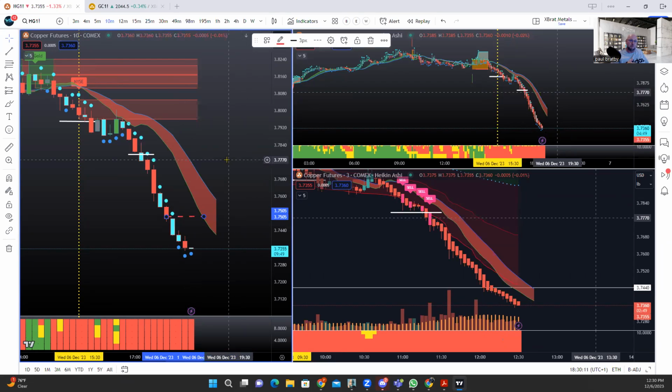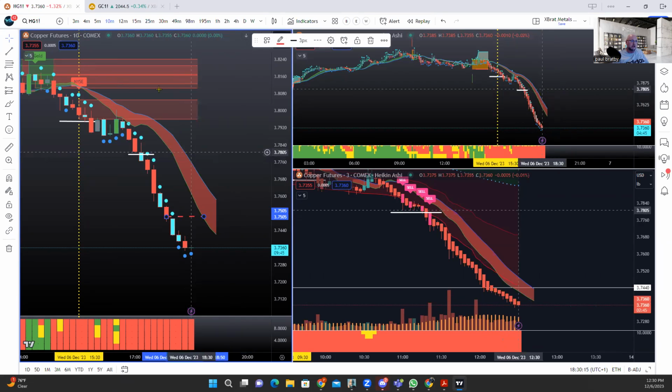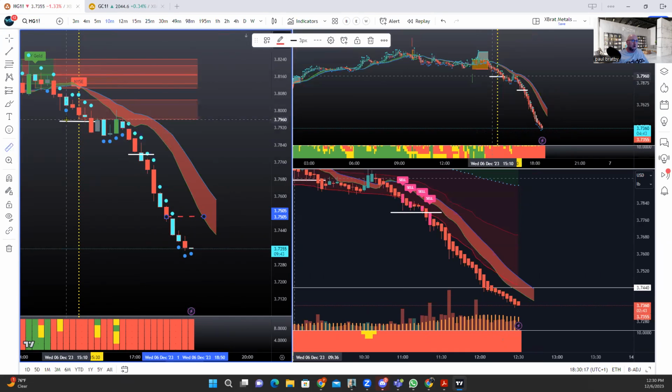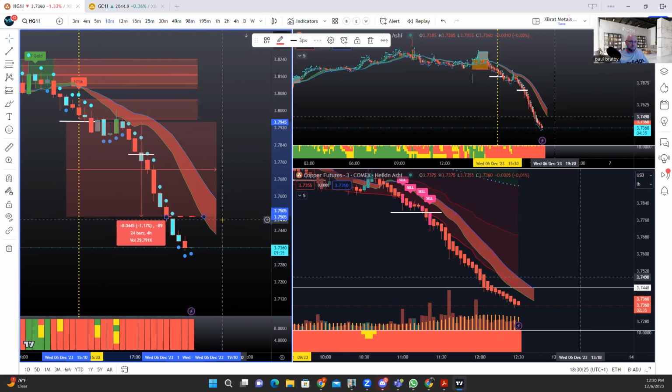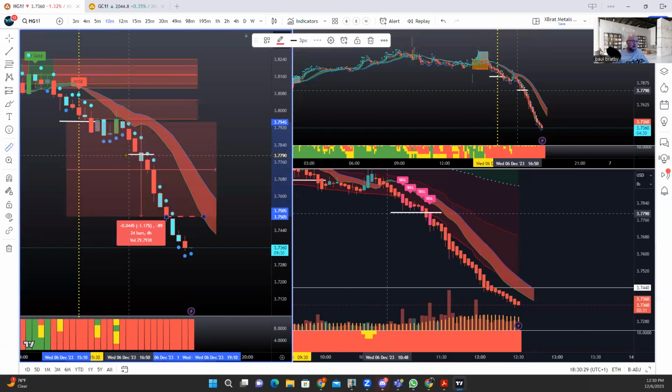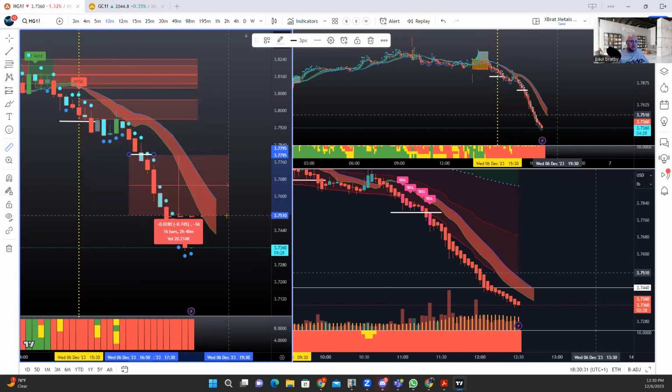This is how, when we're going parabolic, to be reasonably aggressive to lock in more and more profit. So what we're doing now on that one contract, we're locking in 89 ticks, okay? 89 times $12.50. Do the math yourself. And then on the next contract, we're locking in 57 ticks. Really, really good.